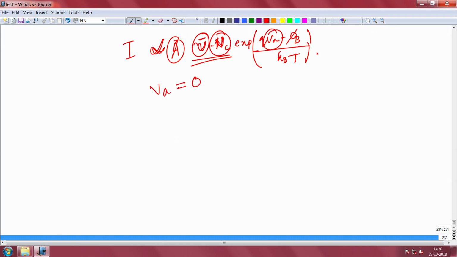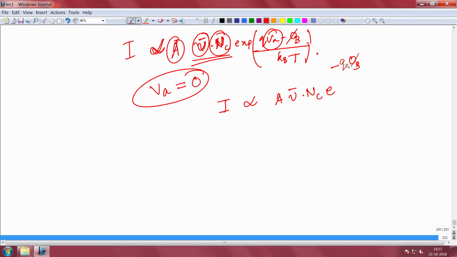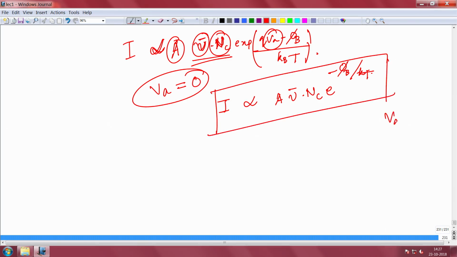If the applied voltage V_A is 0, then the current will be proportional to velocity, N_C, e to the power minus phi_b by KT. You see, this is the current that is there when there is no applied voltage.